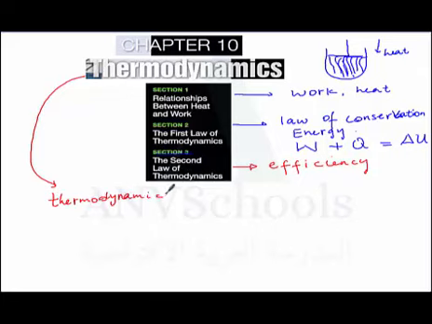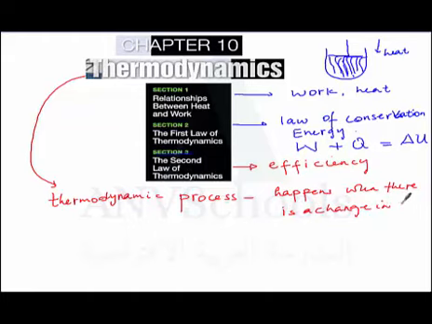So a thermodynamic process is a process that occurs or happens when there is a change in any of the thermodynamic parameters, like pressure, volume, or temperature.